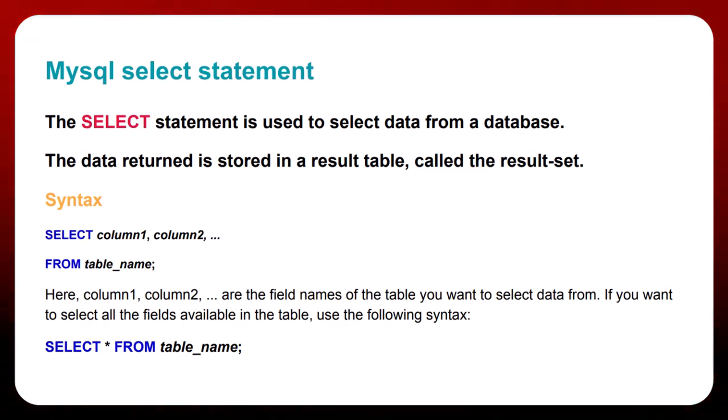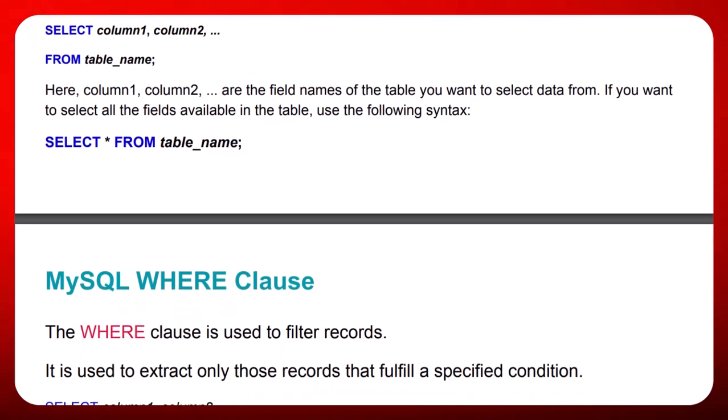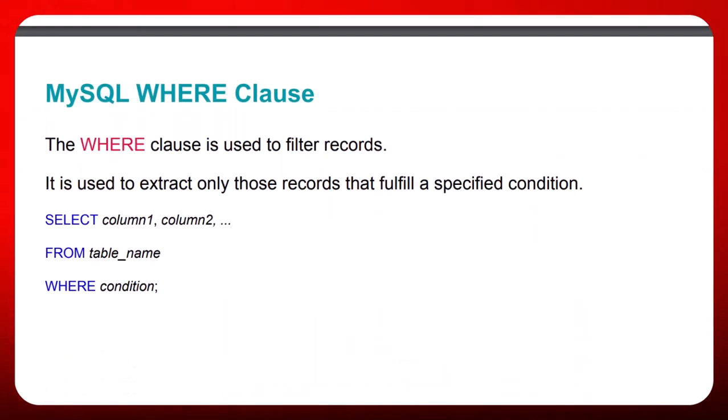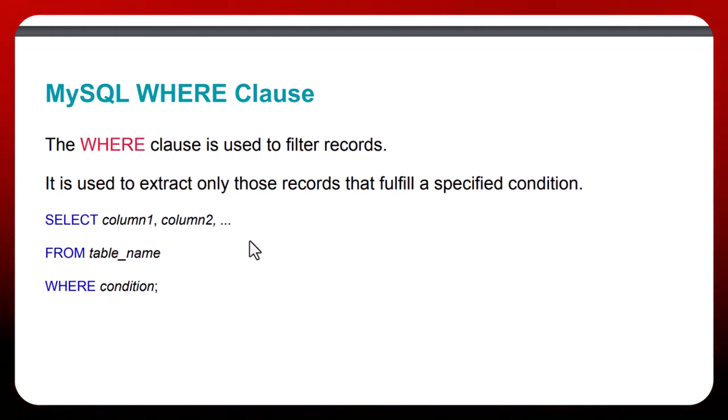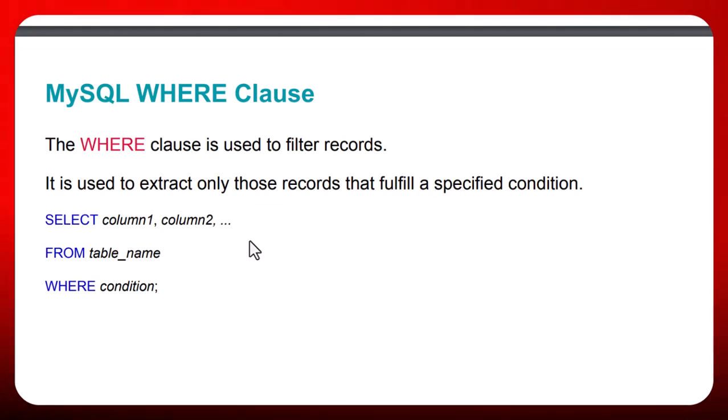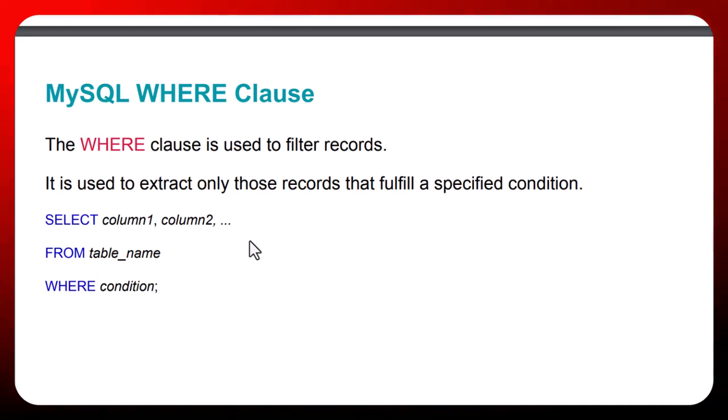Okay, we're almost done. Pretty sure this lecture is a little bit long, but the where clause is used to filter records. Okay, it is used to extract only those records that fulfill a specific condition. So, for example, let's say that you got data about patients and you want to do a study, I don't know, a machine learning project or something.